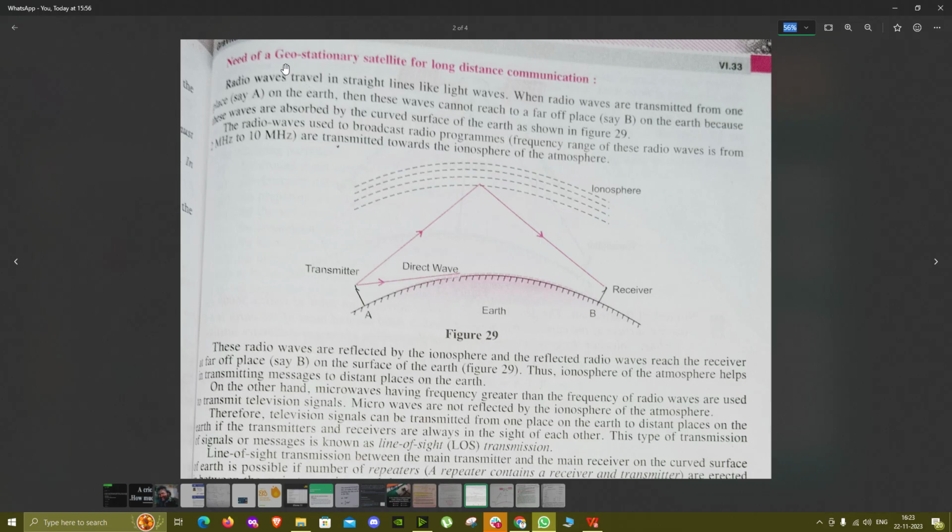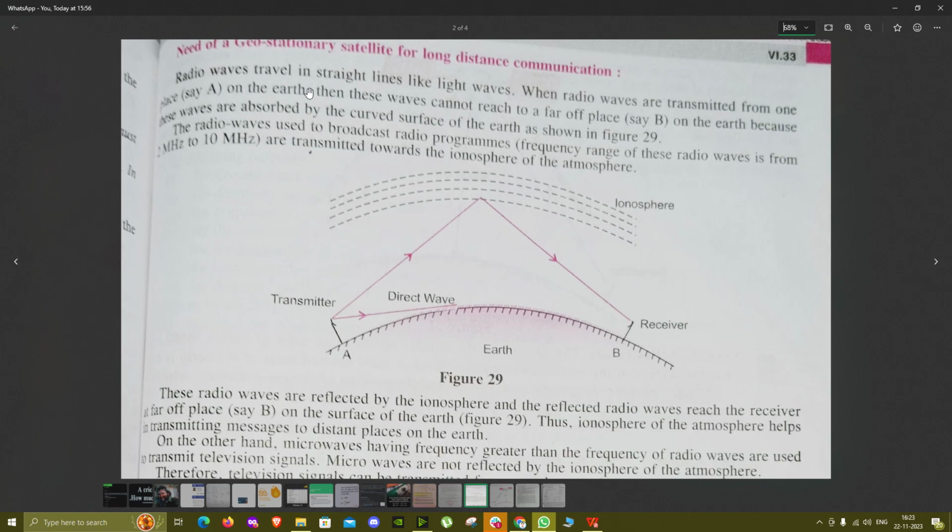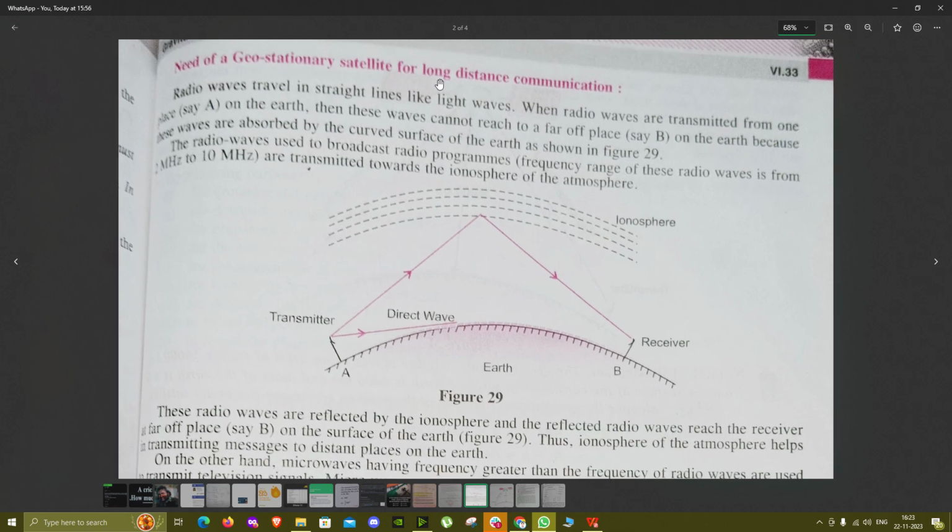So, the need of a geostationary satellite for long distance communication. See, there are two types of long distance communication. First is that we used to have radio, transistors. We used radio waves.